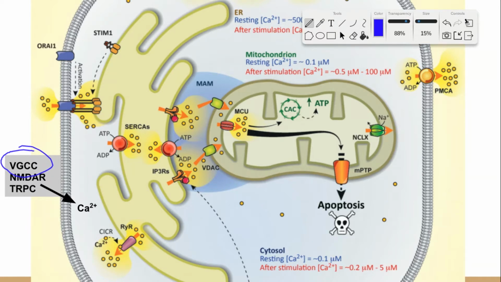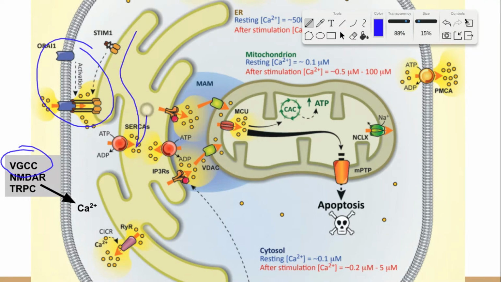There's also calcium channels that directly funnel extracellular calcium into the ER, and this bypasses the cytosol. These are called store-operated calcium channels, or SOCs for short. They are critical for stockpiling calcium into the ER.